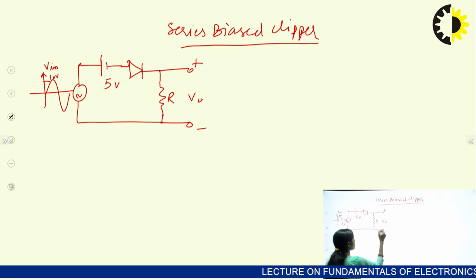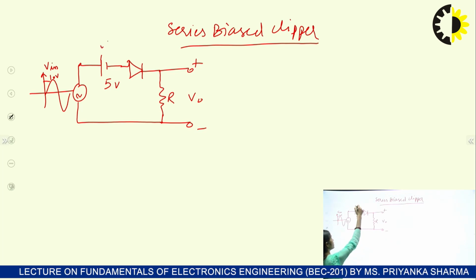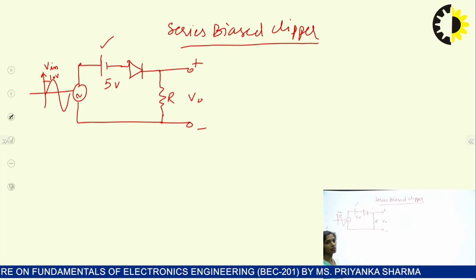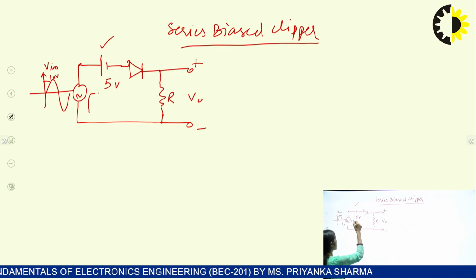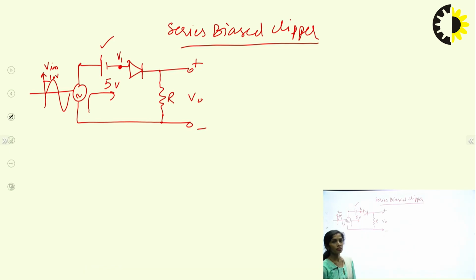That is V out. Now for this analysis again we will start with the positive cycle as well as the negative cycle. But in this case we have to keep in mind that we have inserted one battery here in series. So this we have to take into account. We have to take the diode connection in this way and calculate the voltage just before the diode so that we can check whether the diode will be forward biased or reverse biased.